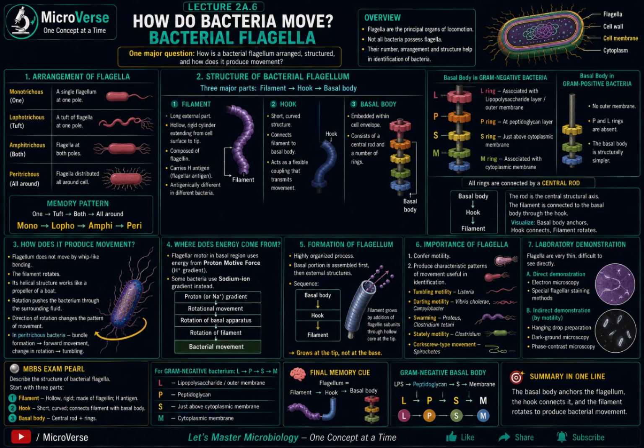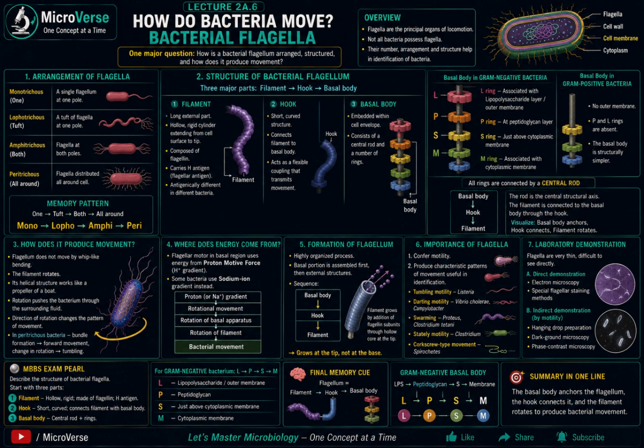They induce specific antibodies and are useful in serodiagnosis. So remember, the filament is made of flagellin, and because flagellin can act as an antigen, it gives rise to the flagellar or H antigen.